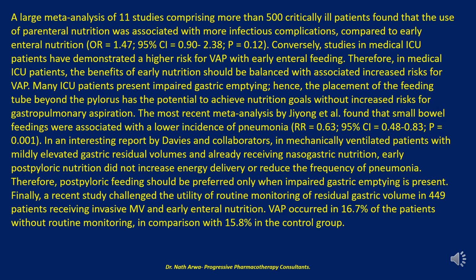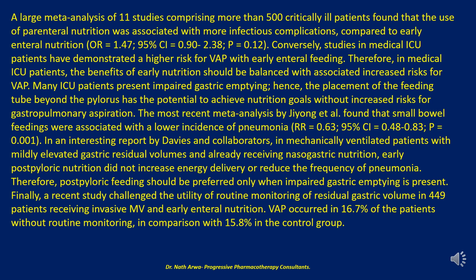Many ICU patients present impaired gastric emptying. Hence, the placement of the feeding tube beyond the pylorus has the potential to achieve nutrition goals without increased risks for gastropulmonary aspiration.